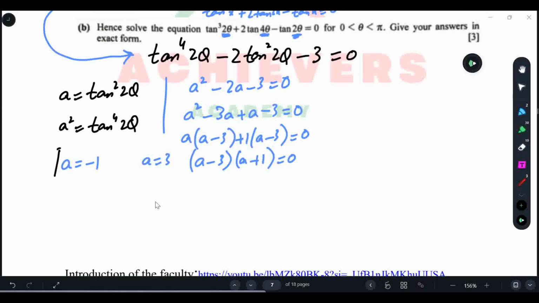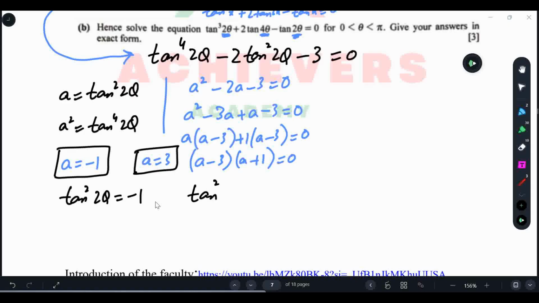Now we need to replace it, and we can write tan square of 2 theta is equal to negative 1 and tan square of 2 theta is equal to 3.